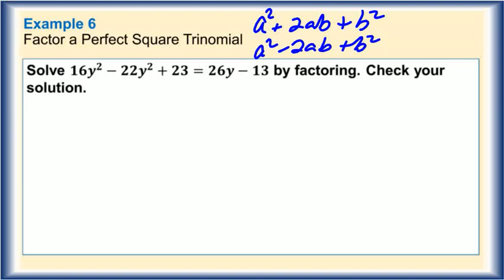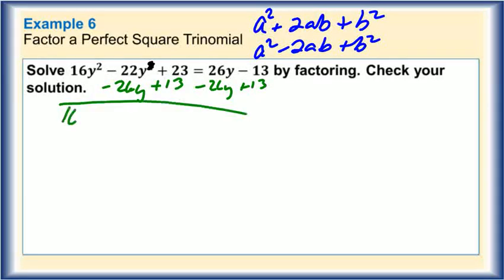Now right here, I just noticed this should not be a square here. This should be just negative 22y. Now if I subtract 26y and add 13, I now have 16y squared minus 48y plus 36 equaling 0.